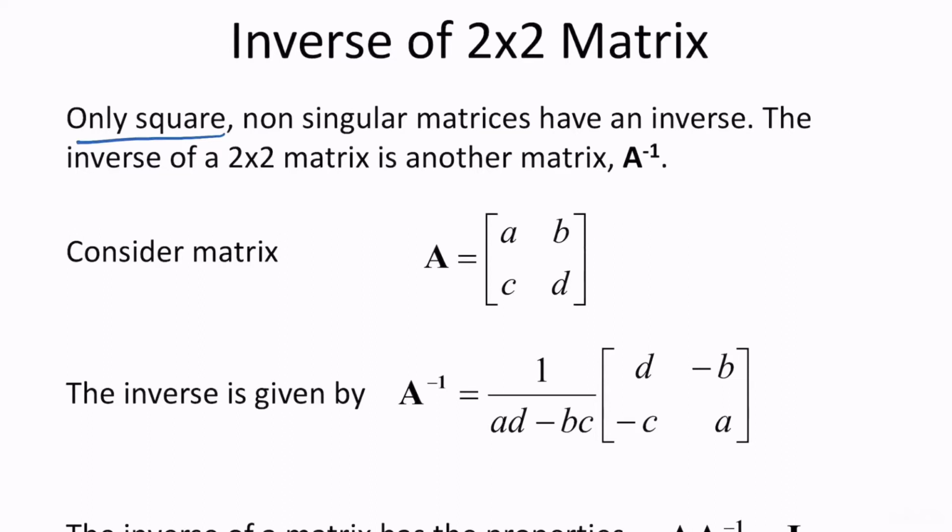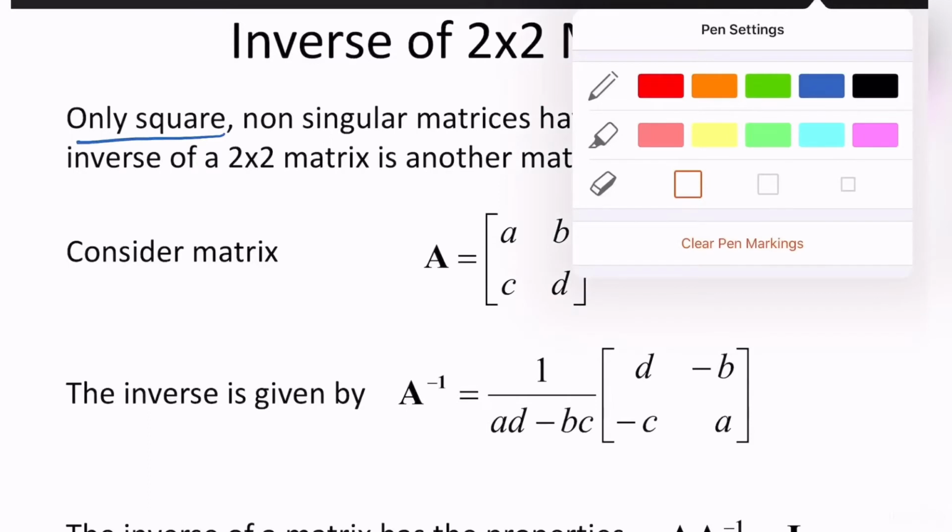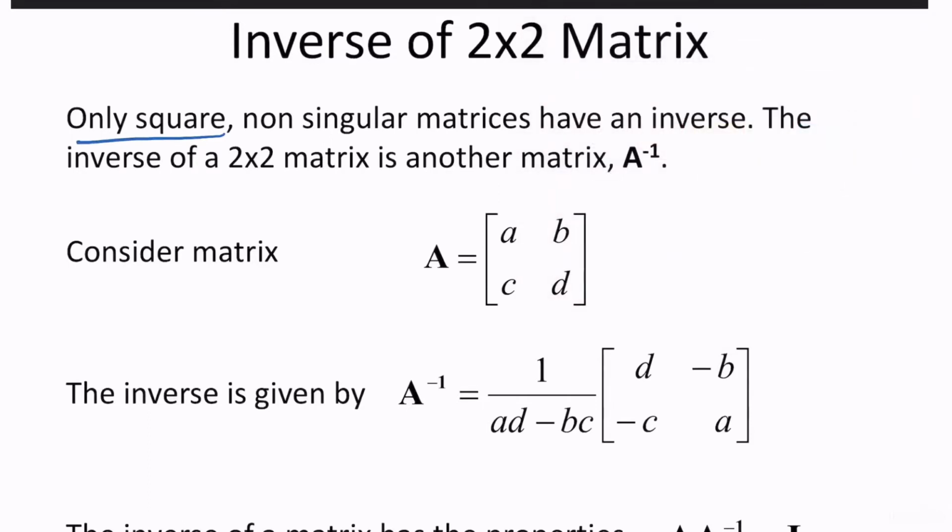So for example here, if we have the matrix A, which is A, B, C, D, then to find the inverse of A, we need to do an extra step from the determinant to find the inverse. So basically we will use the determinant of A to find the inverse of the matrices.